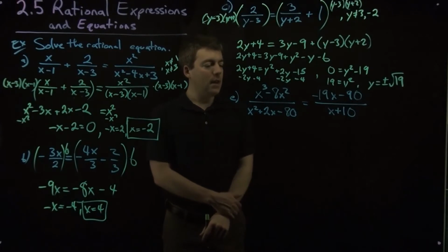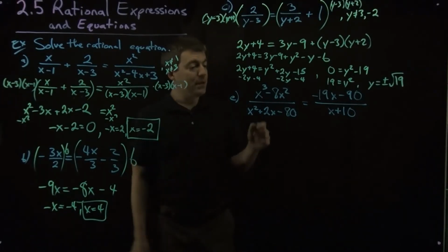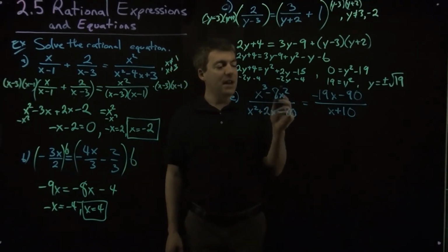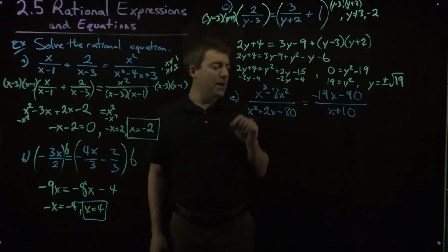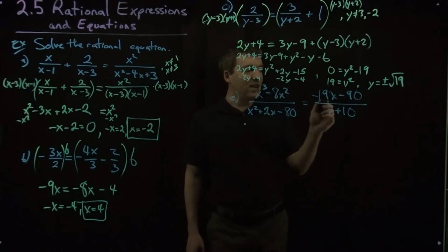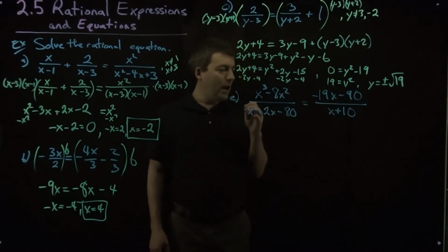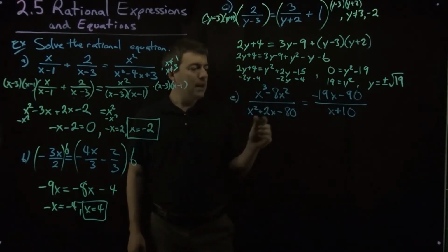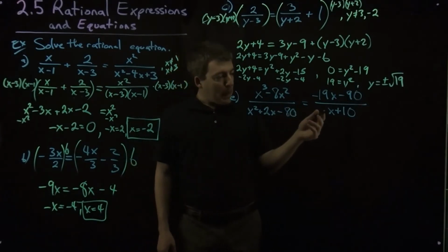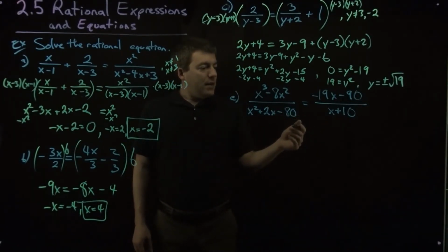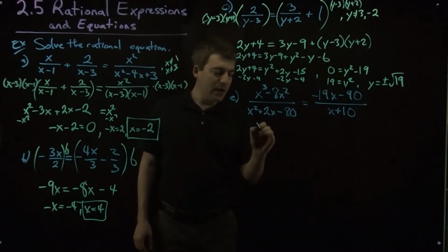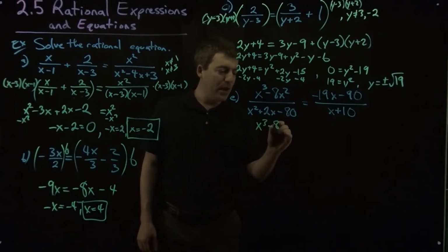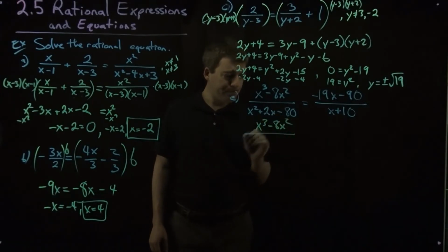All right, let's look at this last example. So we have x cubed minus 8x squared divided by x squared plus 2x minus 80 equals negative 19x minus 90 over x plus 10. All right, so here, let's go ahead and factor this. Make sure we're not multiplying by too much.